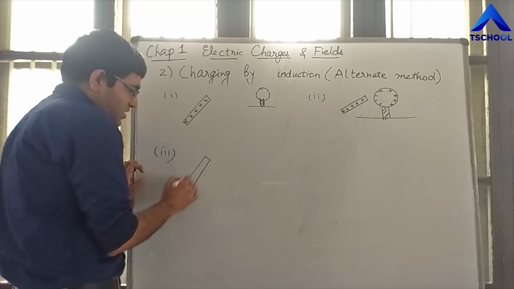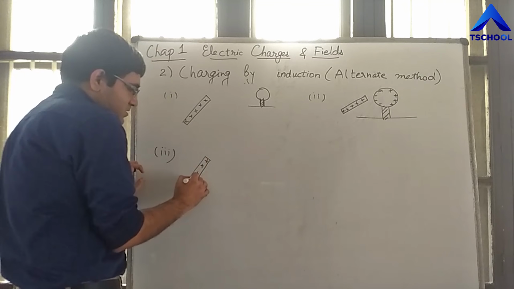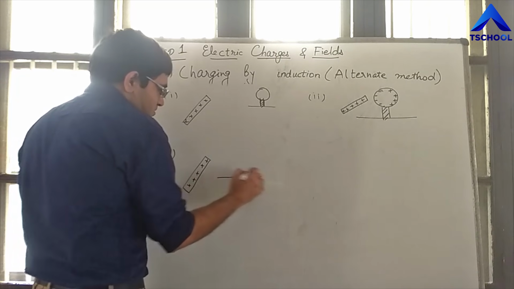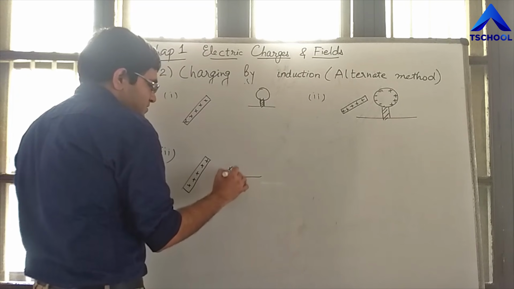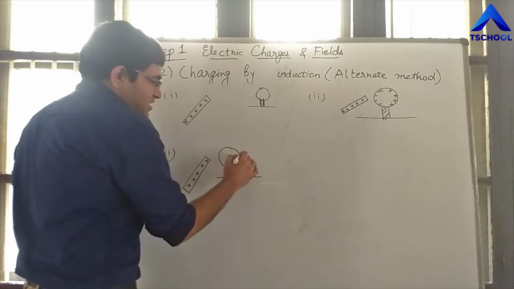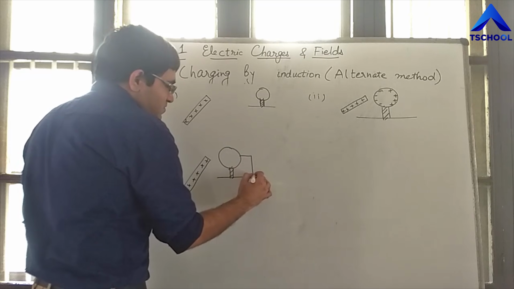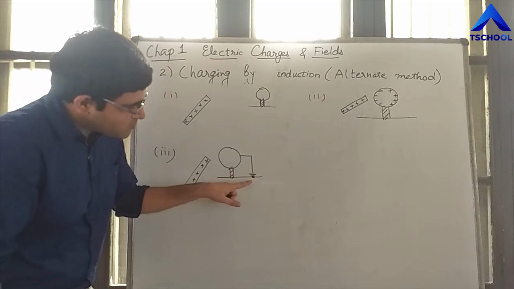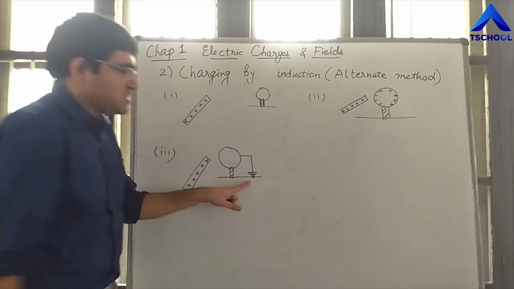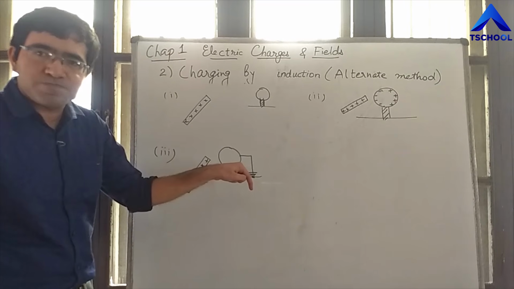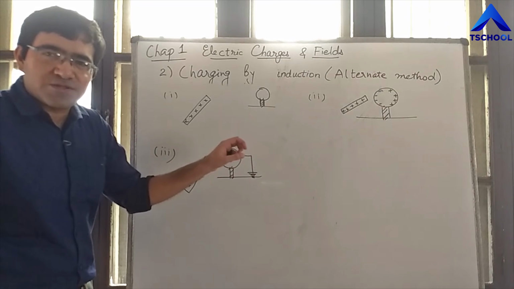So in this step, we connect this metal sphere with a wire to the earth. So that is now grounded. Don't forget the meaning of this symbol. You can see we are grounding this one. So what does grounding mean?